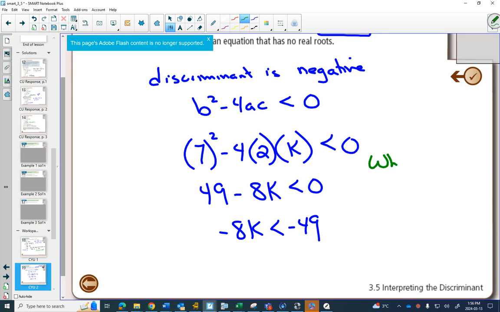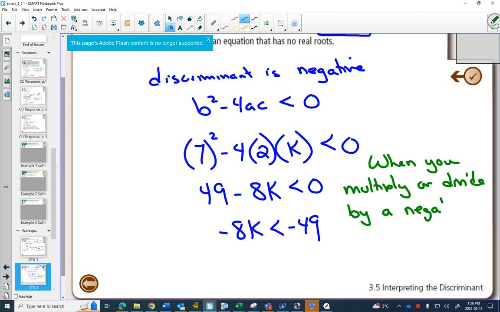Yes. When you multiply or divide, adding and subtracting doesn't matter, but if you multiply or divide by a negative, you switch or flip the inequality.